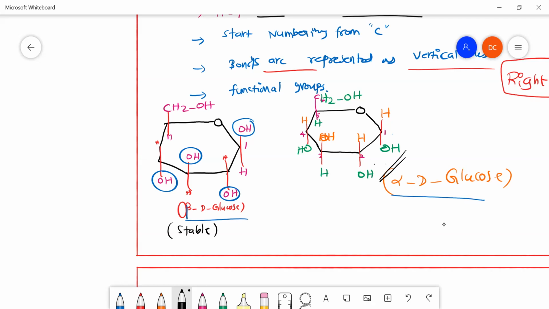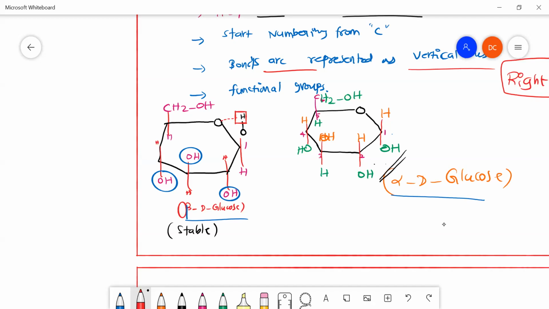And one more reason why beta D glucose is highly stable: it can form a hydrogen bond with this oxygen. Here the OH group is on top, so this hydrogen will form a hydrogen bond with the oxygen, and that makes it highly stable. So there are two reasons.